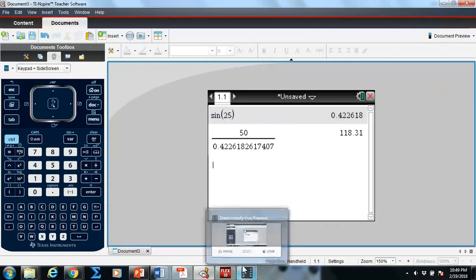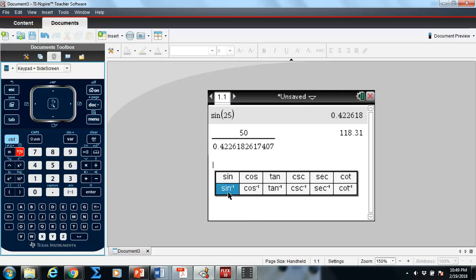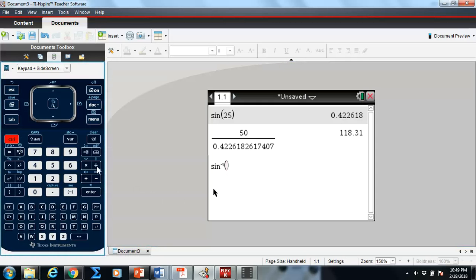I'll show you how to get that. In the trig button, the trig button by the 7, sine to the power of -1 is the inverse function. The inverse function solves for angles. I need a fraction, so I'm hitting Control Divide to put my fraction template in there. And I've got 11 in the numerator, 20 in the denominator.